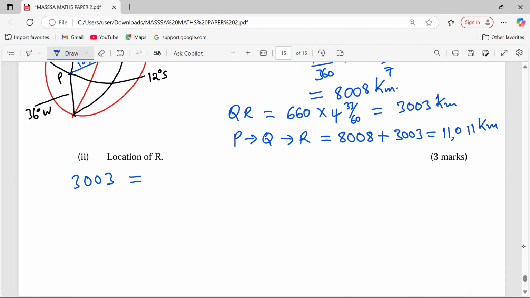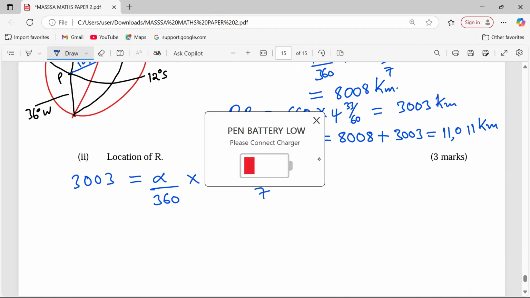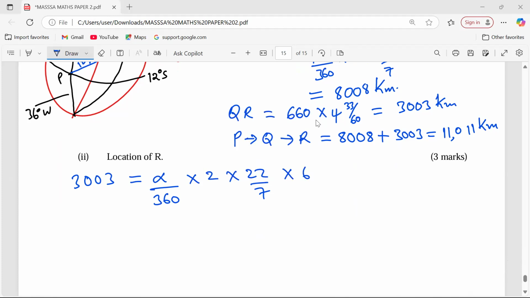A small circle distance is given by longitude difference over 360 multiplied by 2 pi r cosine of the latitude. We know we are moving along latitude 60, so that is cos 60.